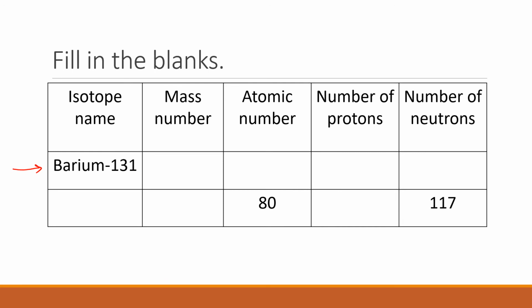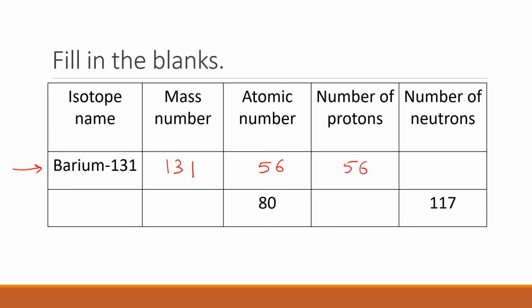So the mass number of this barium isotope is 131. For the atomic number, we need information from the periodic table. Barium has atomic number 56. The number of protons is the same as the atomic number, so it's 56.